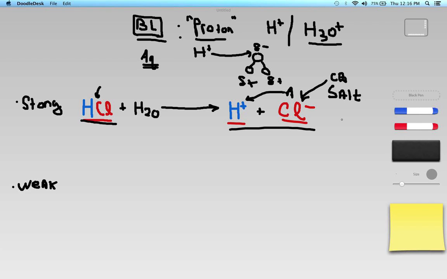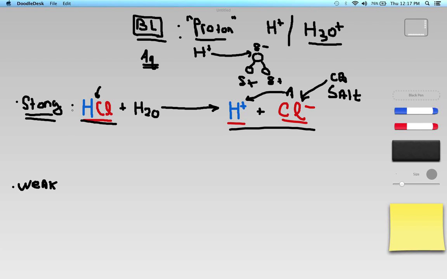The probability of the hydrogen and the chloride ions recombining to create hydrochloric acid in an aqueous environment is very low, so this reaction tends to move this way, and every molecule of hydrochloric acid dissociates into its acid and its conjugate base. That's what a strong acid is. Every molecule of that strong acid is going to dissociate. Hydrochloric acid just happens to be an example of a strong acid.